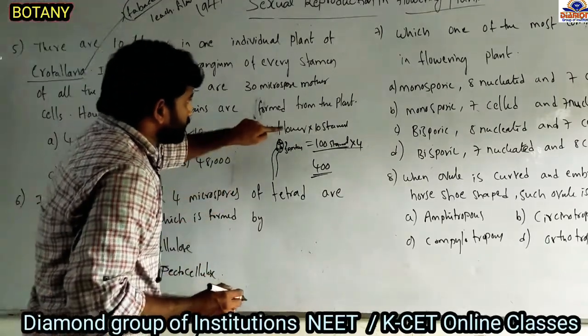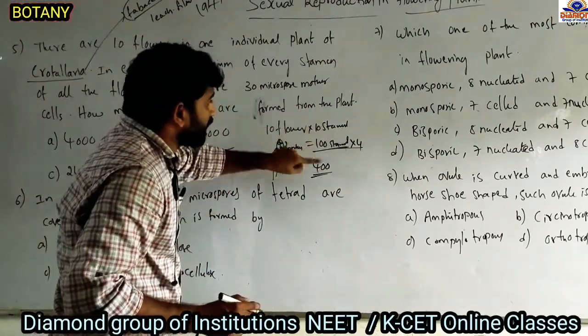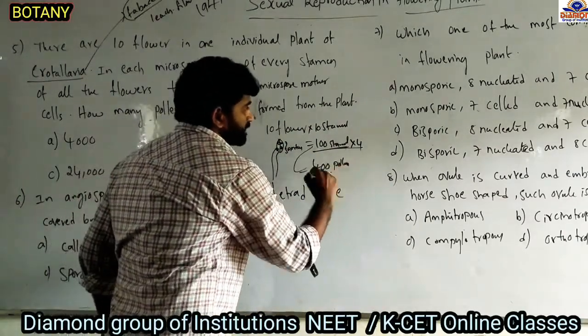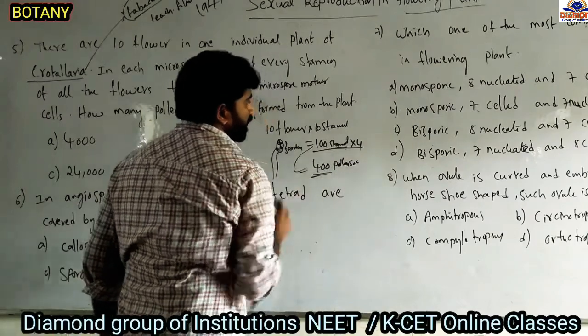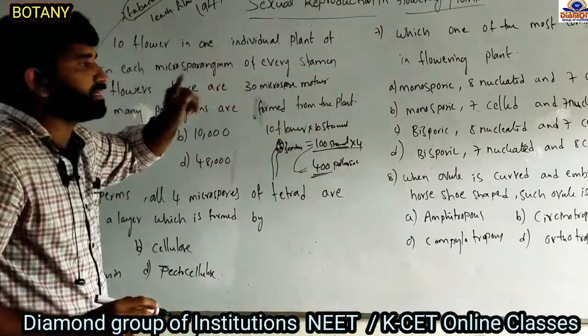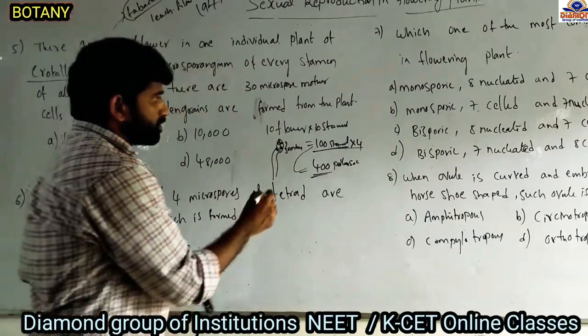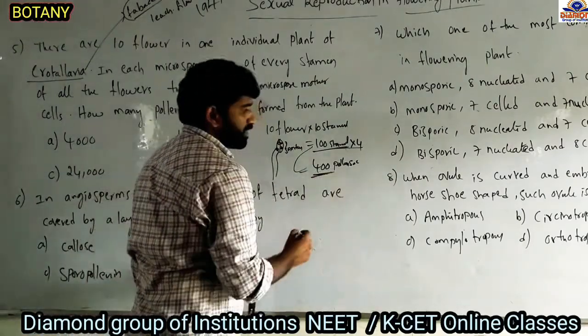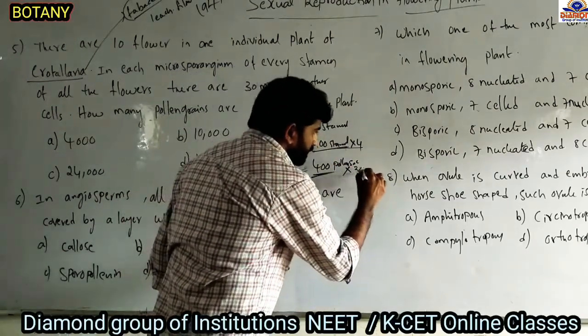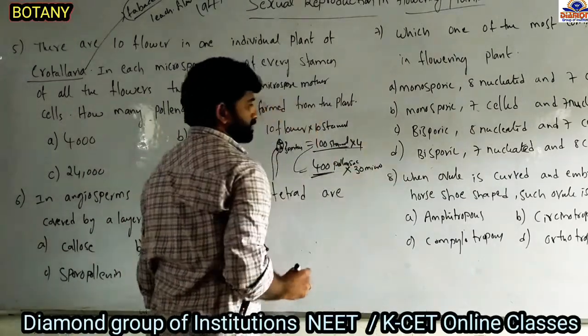Means 100 stamens equal 400 pollen sacs. Now each pollen sac contains 30 microspore mother cells. So now there are 400 pollen sacs, and each pollen sac contains 30 microspore mother cells.